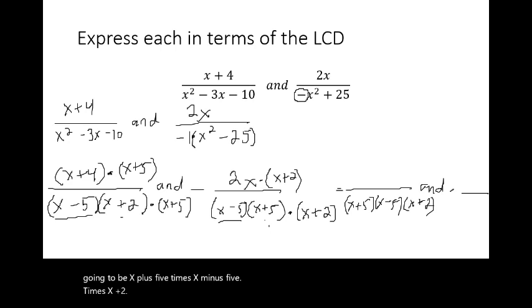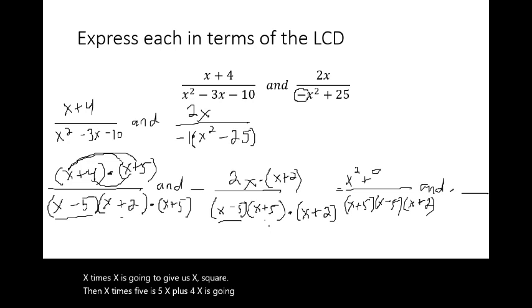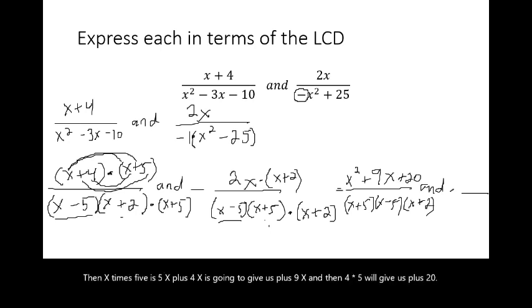So for the first numerator, x times x is going to give us x squared. Then x times 5 is 5x, plus 4x is going to give us plus 9x. And then 4 times 5 will give us plus 20. Then for the second fraction, again, the denominator is going to be the exact same with the negative out front.